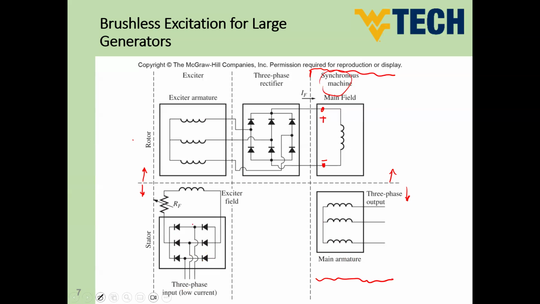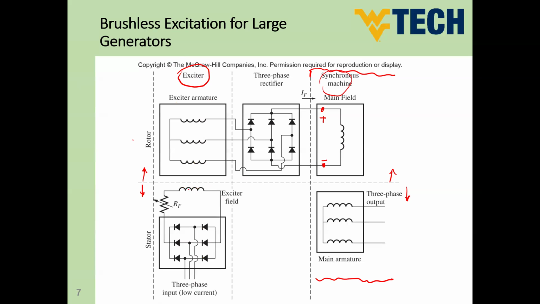This bridge rectifier is connected to a winding, or let's say a part of a small machine. This small machine we call the exciter. We will see the construction of this exciter right now. The exciter consists of supplying three-phase through a rectifier to a DC winding.